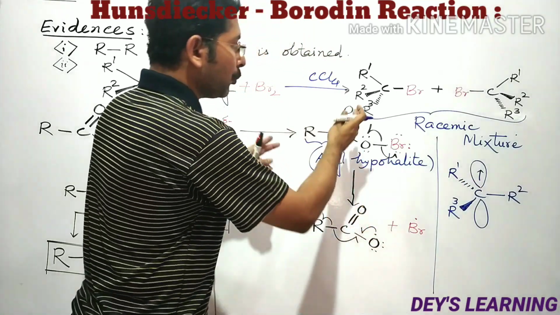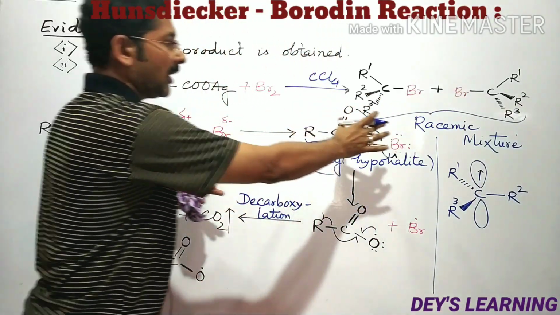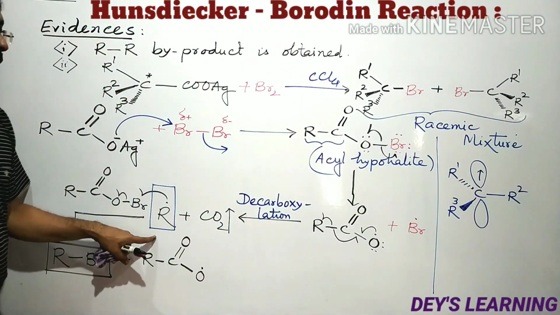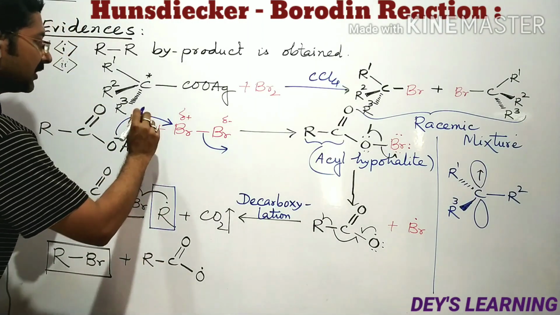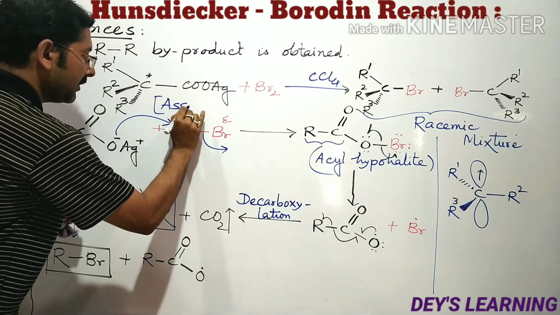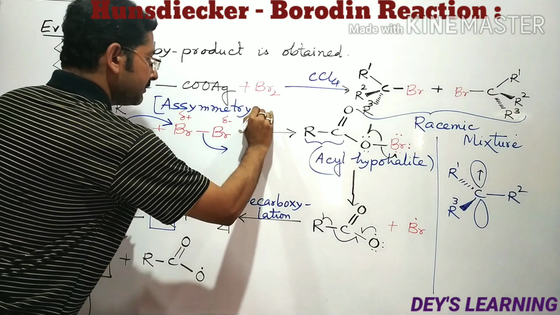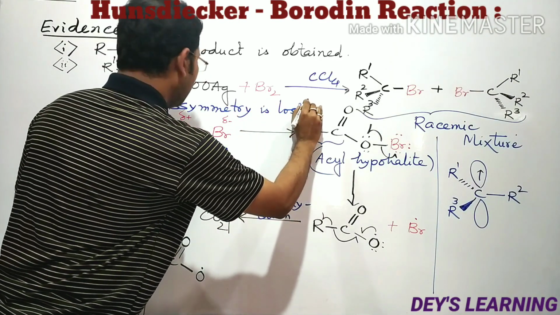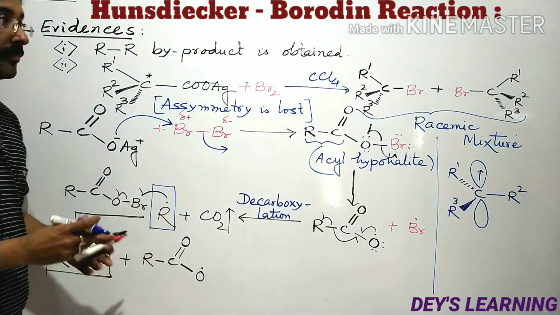As a result of that, we get a mixture of products. So the mixture of products can only be formed if this free radical is formed. So in the reaction, the asymmetry is lost. This is another experimental evidence to support the free radical mechanism.